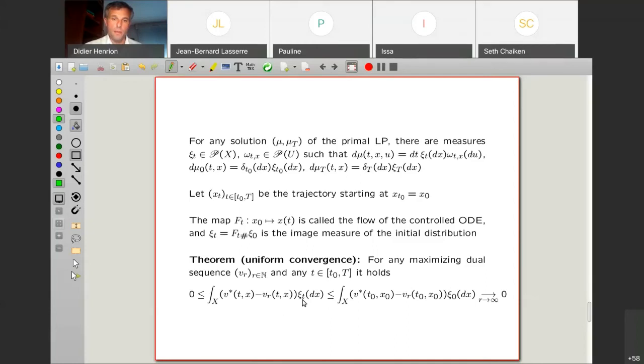And then when time evolves from time 0 to bigger times, until capital T, this quantity decreases, where here I have xi of t. xi of t is the image measure of the initial distribution through the flow map of the controller. So this is the convergence result that we had. And again, this applies for every maximizing dual sequence, in particular the ones that arise from the moment-SOS relaxations.